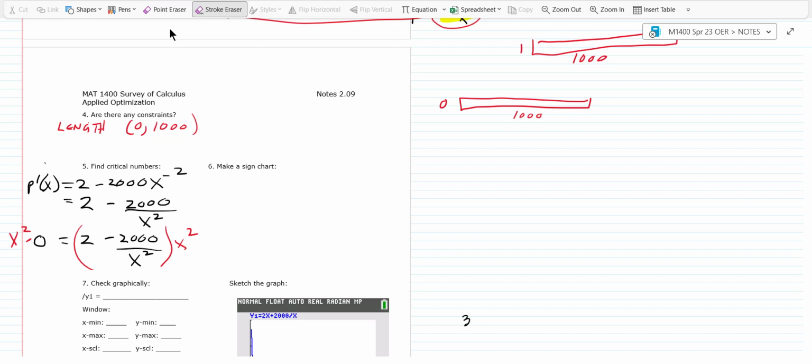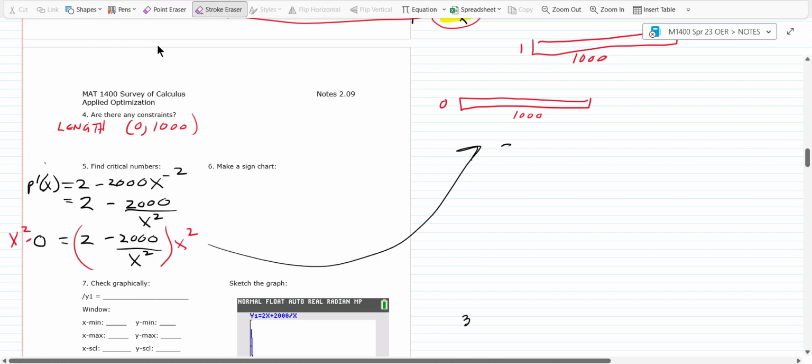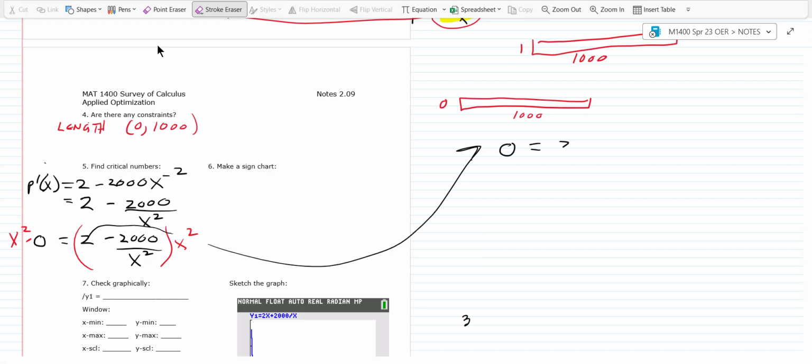That's the general idea: if you've got an equation with a fraction, get rid of it. So the left side is 0. I'll just move this over here. So I've got 0 equals, and then you distribute to get 2x squared, and then you can cancel that out to get minus 2,000 like that.